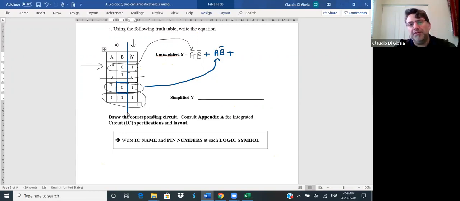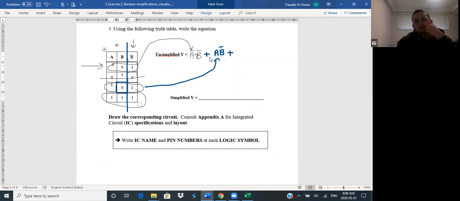All the three groups that you see here, the three rows, they have to be ORed together. Basically, if I had three variables, it would be A naught times B naught times C naught, and then ORed again with the next one. So within a group, a horizontal group, a row, you always multiply. Between group to group, you OR.